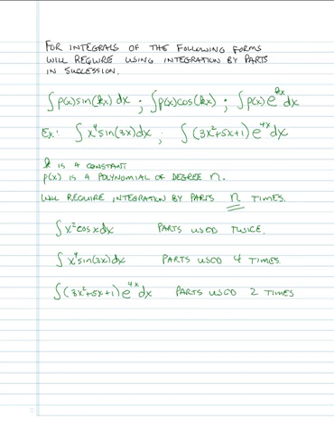And every time we used it, the degree would reduce. We'd get a simpler and simpler polynomial. So that's a good thing to know about. When you start looking at these, you'll know how many times you're going to have to use integration by parts if you see one of those forms.